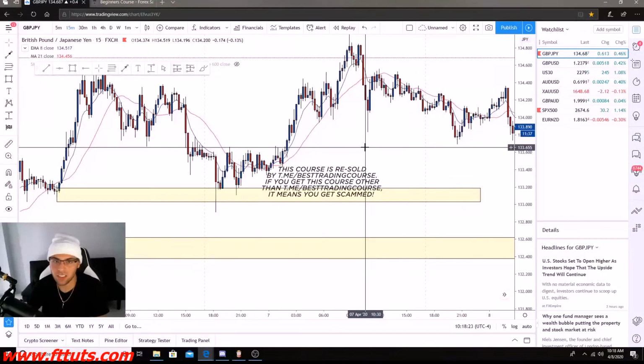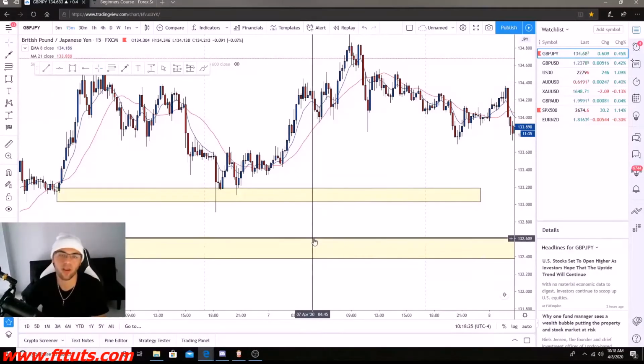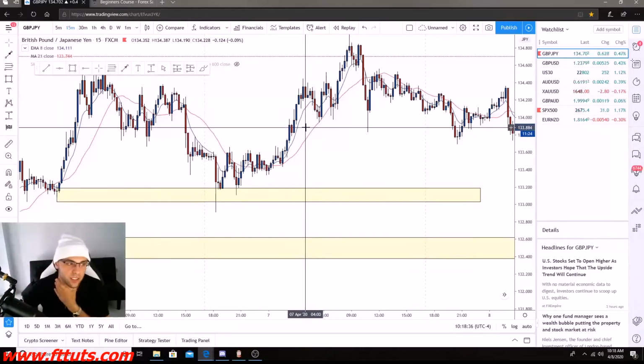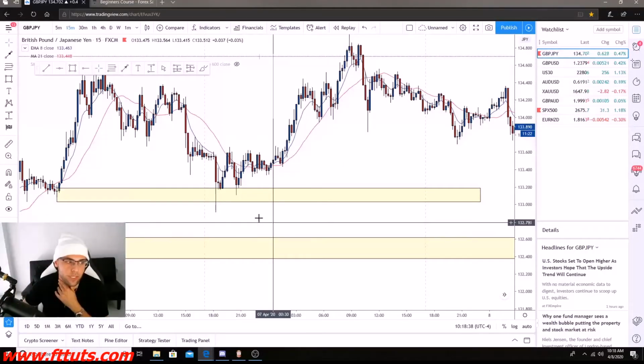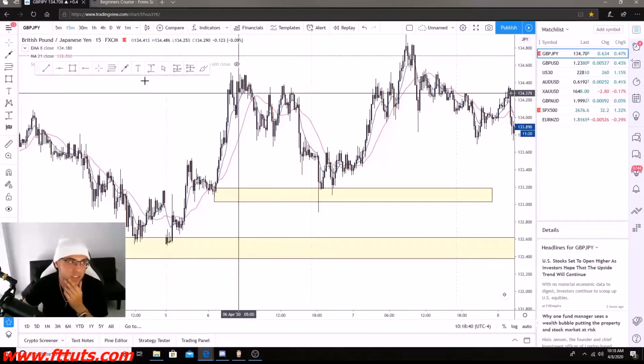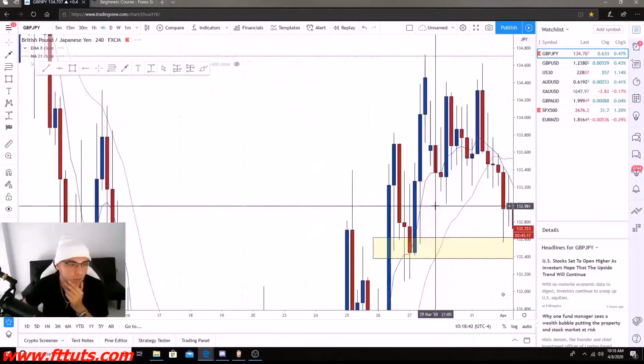So in this situation, since we're respecting the 4 hour support right here and making new higher highs, we're going to try to find a new support to hold our new trade going to the upside, because in this situation, we can't just buy off of here. We need new higher highs to be created, which was this move right here on the 4 hour.